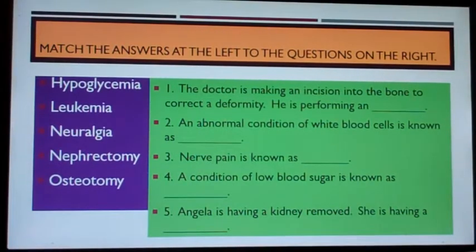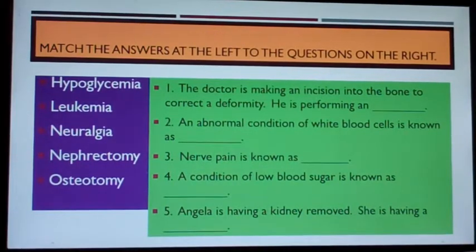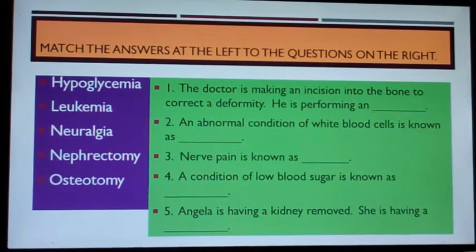Match the answers at the left to the questions on the right. Number 1, the doctor is making an incision into the bone to correct a deformity. He is performing an blank.